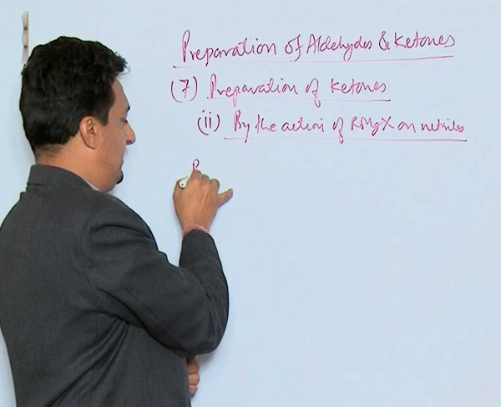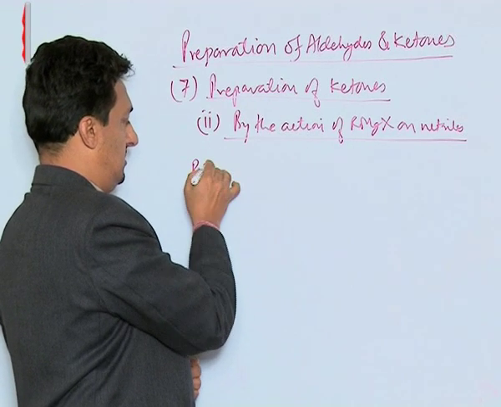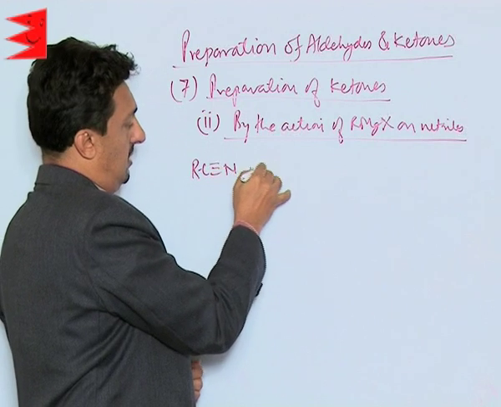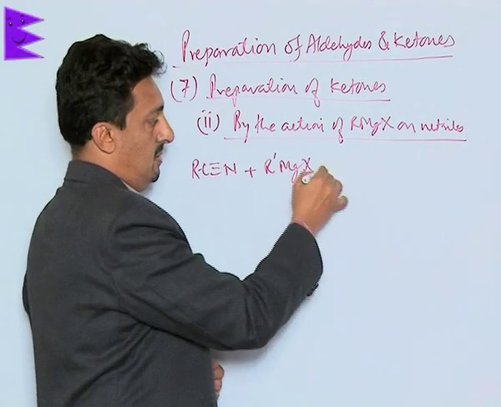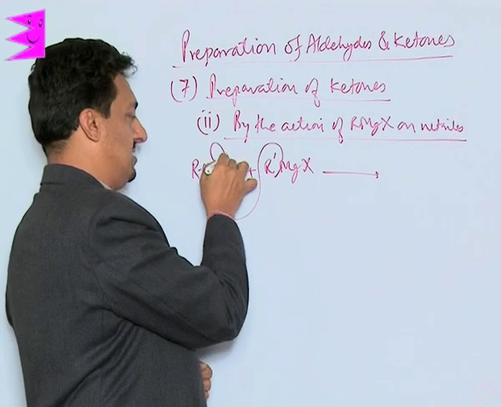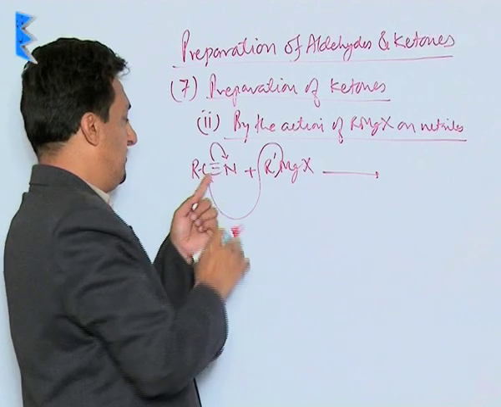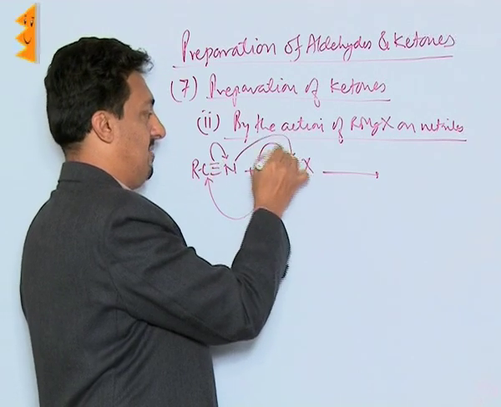See, if we take any alkyl cyanide and any RMgX, we know that this is going to show a nucleophilic addition reaction like this, which will shift the pi bond onto nitrogen, which will require a negative charge, which will attract magnesium.